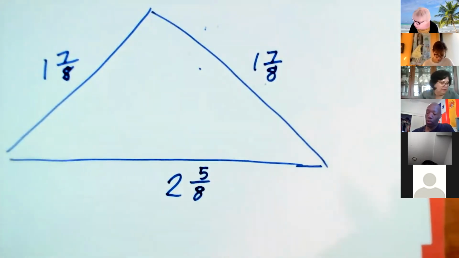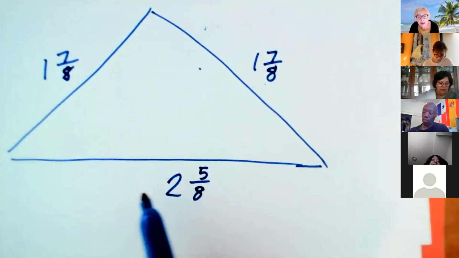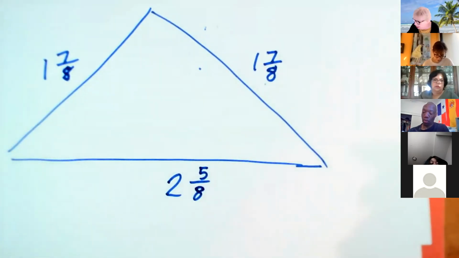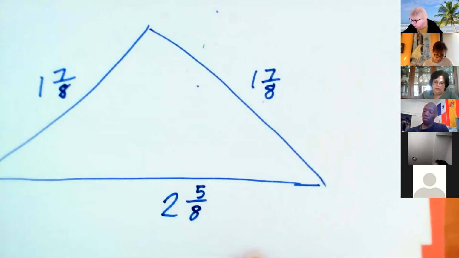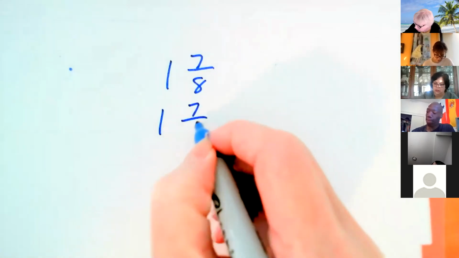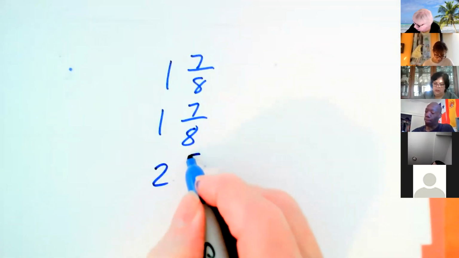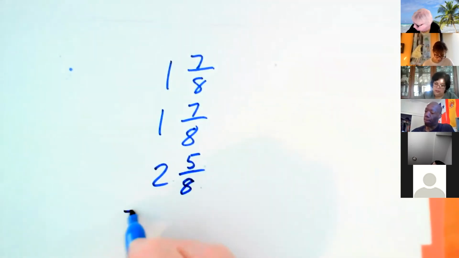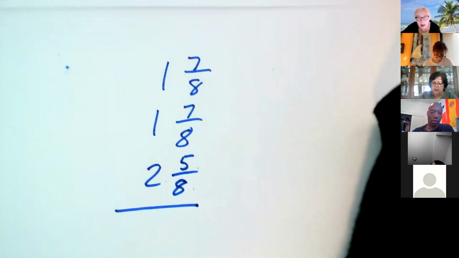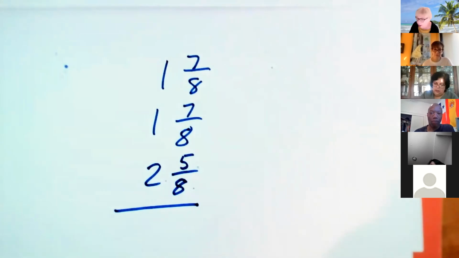So what I'm gonna do, since it's the perimeter, we just go around the edge. I'm gonna go 1 7/8, 1 7/8, and 2 5/8. That's all that needs to happen. I was afraid we had to do area.